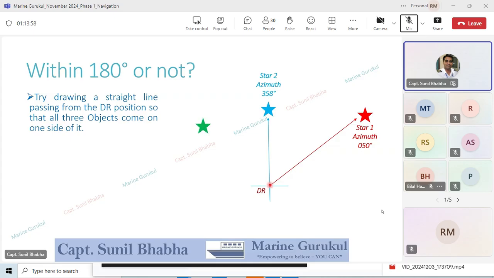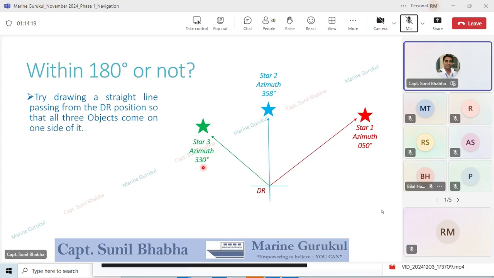Let's assume the third PL was obtained using the green color star marked as star number 3 on an azimuth of 330. We are just assuming some values to understand the concept of how to identify whether bearings are within 180 or not.